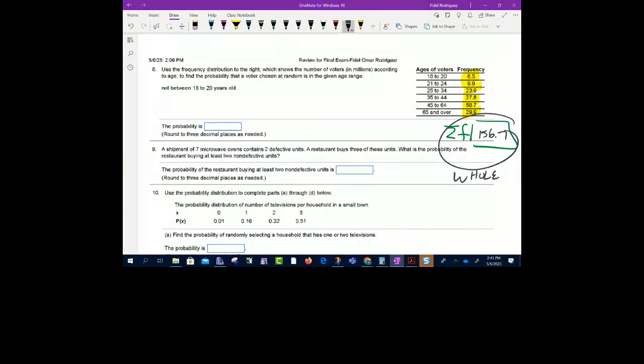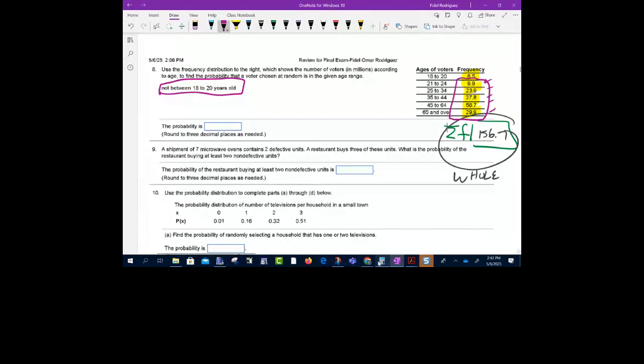Now, y'all, there's a couple of ways we can do this thing. It says not between 18 to 20 years old, right? So we want all of these folks here except for the 18 to 20-year-olds. One thing we can do is find the sum of those numbers.